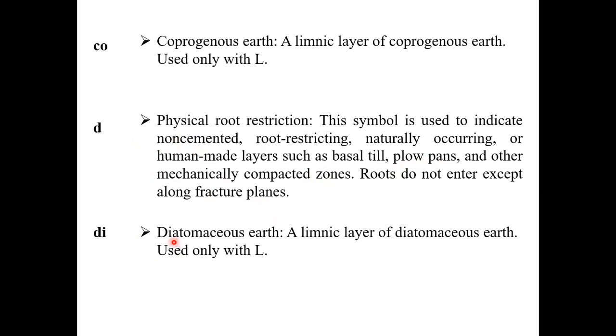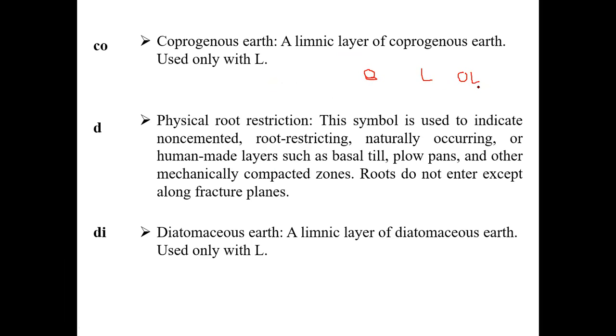Di means diatomaceous earth. See students, that is the difference. So co means coprogenous earth, and di means limnic layer of diatomaceous earth. So there are two different types within limnic itself. There are two materials. Which material is dominant? For example, if I want to write, there is an O horizon, even you can say L horizon. If the O is dominated with some limnic properties, so an organic layer, you can see a limnic material.